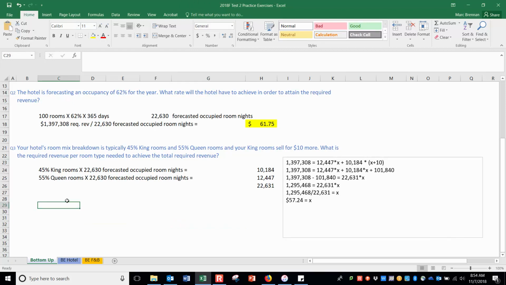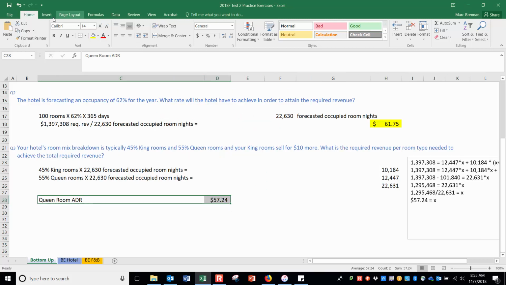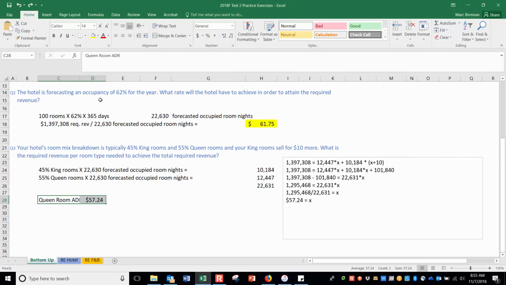So let's use that information. X, remember, was our queen room ADR. So we can write queen room ADR, and we can write $57.24, and we'll make that bigger. Sorry.